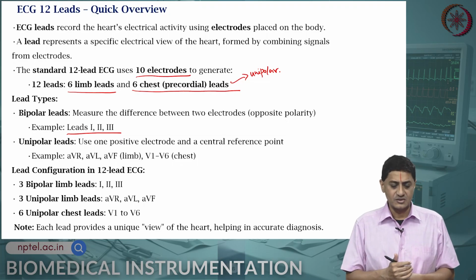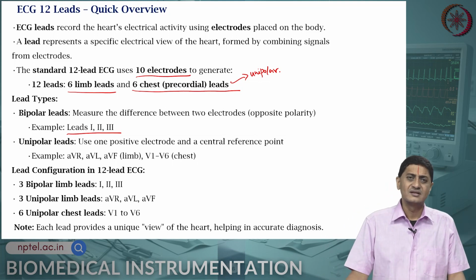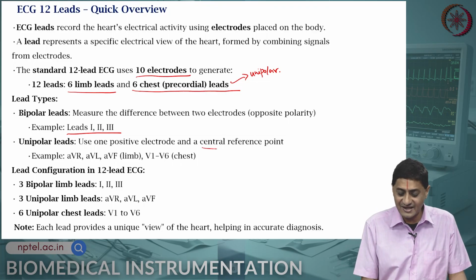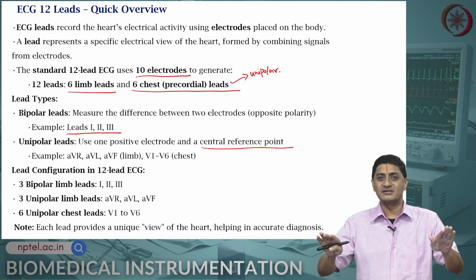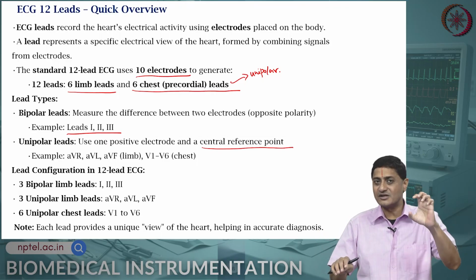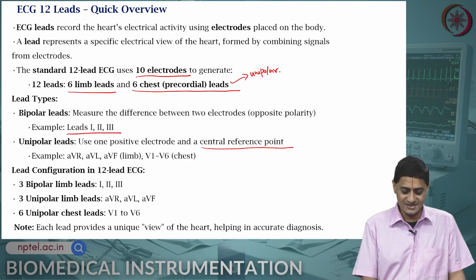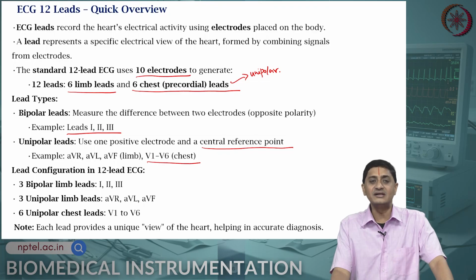Unipolar leads are those that use one positive electrode and some central reference point. You are not subtracting one from the other, but rather comparing the activity in one electrode versus a central reference point. These are the precordial leads and the augmented limb leads.